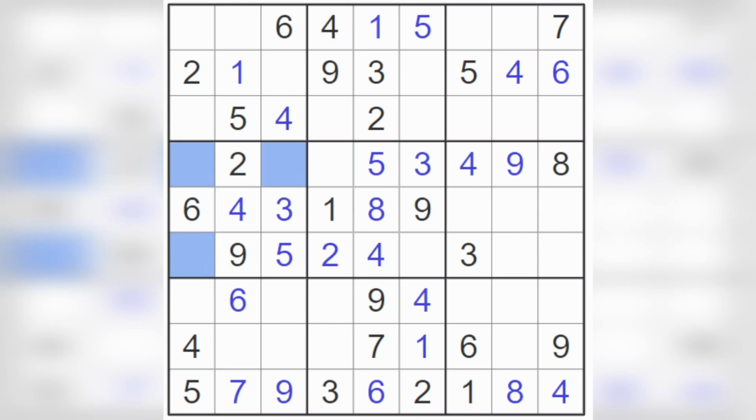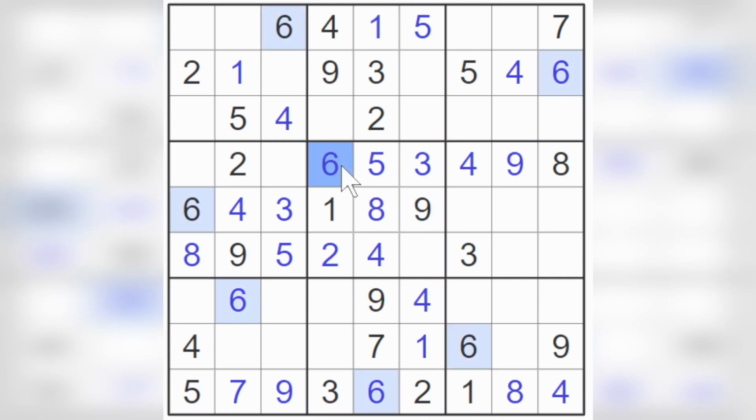Three squares still missing, namely a 7, 8, and a 1. The 8 blocks over, so this is an 8. This is now a 1, 7, making this a 6, and this a 7.